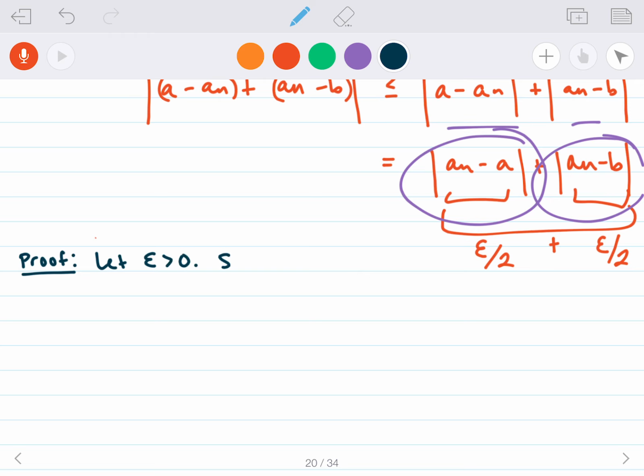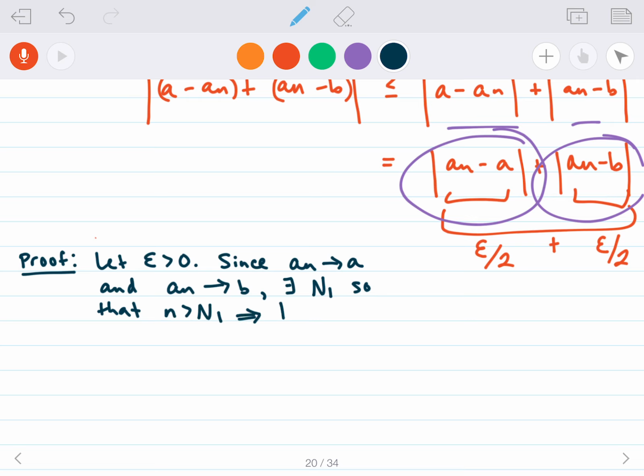And since a_n converges to a, and a_n also converges to b, there exists a capital N1 so that little n larger than N1 implies a_n minus a is less than epsilon over 2.